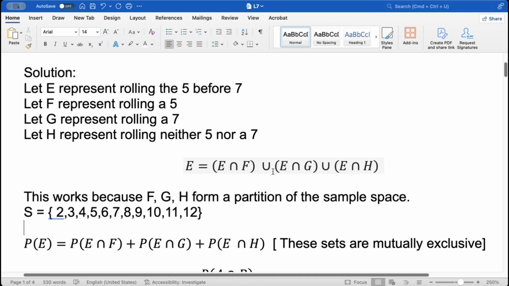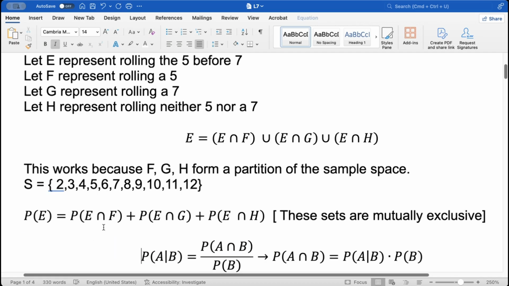And when you have exclusive events and you're finding the probability of a union, you can add those up without having to do any subtraction. You'd be subtracting the intersection, which has a probability of 0. So the probability of E is just the sum of these individual probabilities: E intersect F, E intersect G, and E intersect H. So let's take a look at those here.